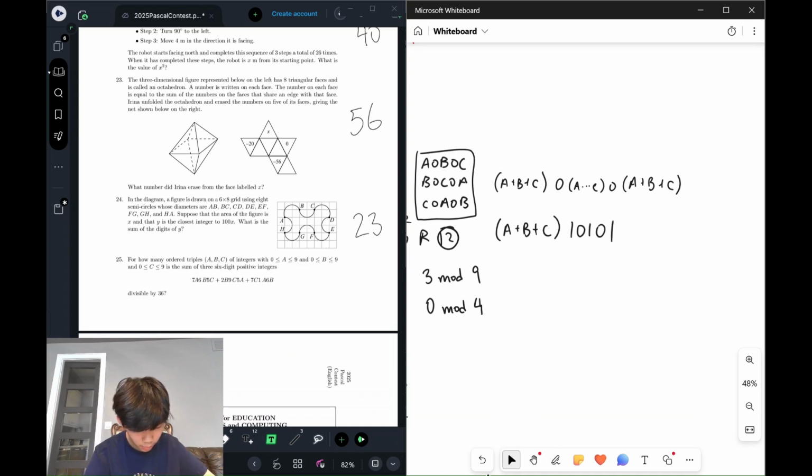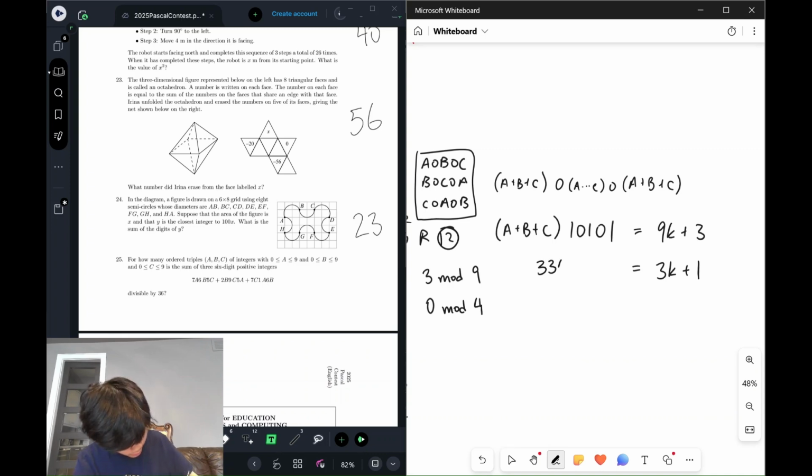Now, 10101 is divisible by 3. So this needs to be equal to 9k plus 3. If we divide by 3, this gives 3k plus 1. Now 10101 divided by 3 is 3367.